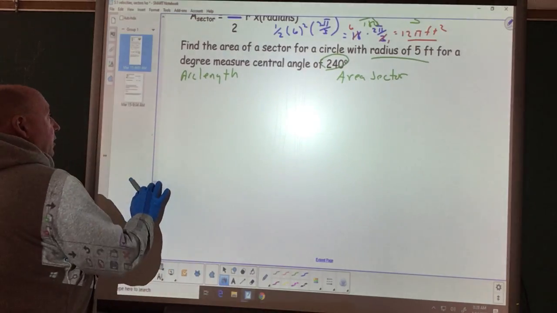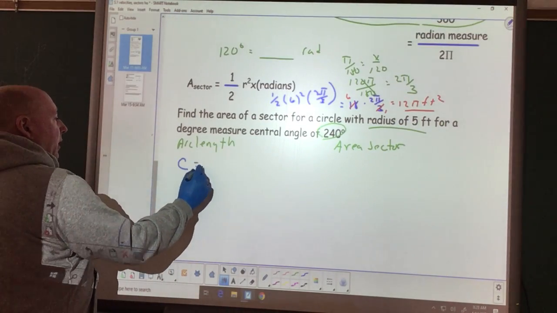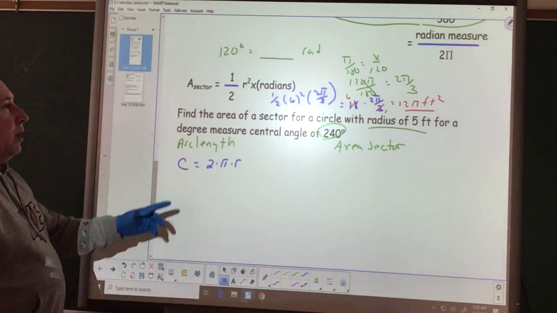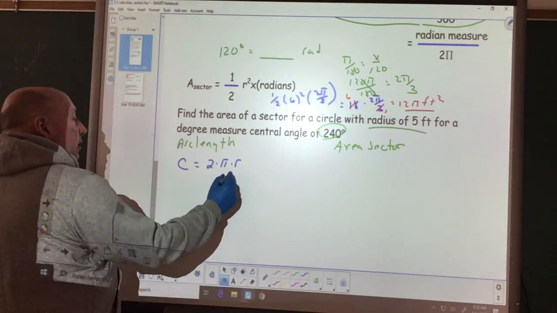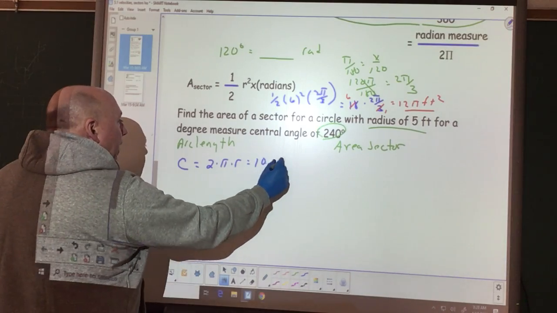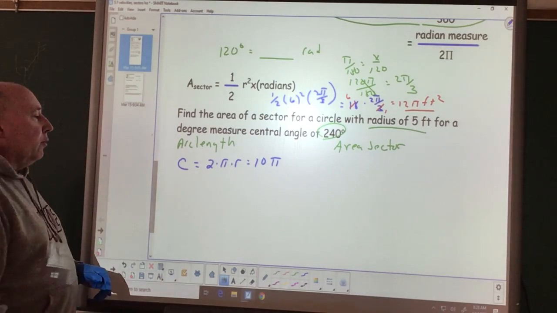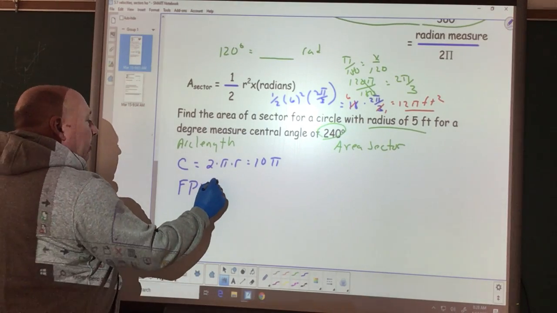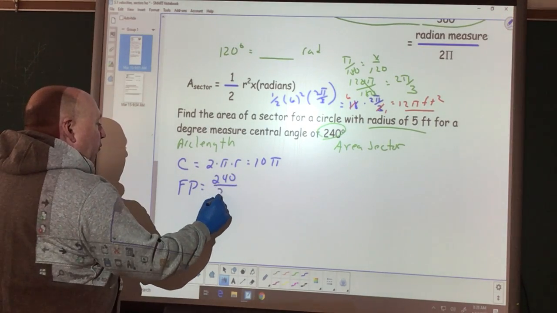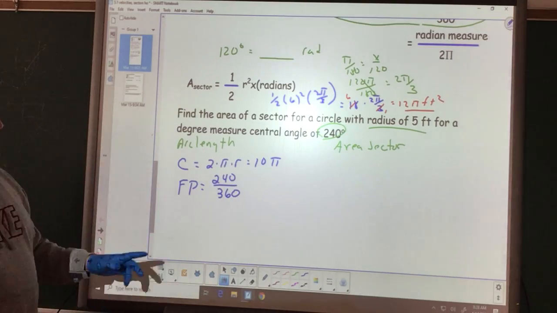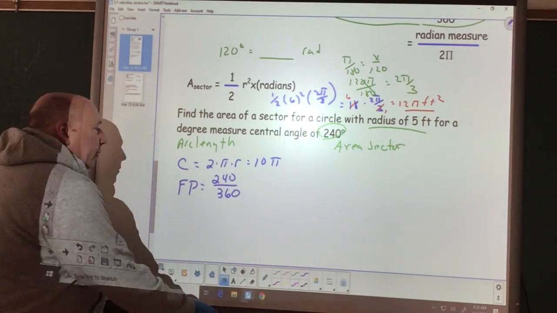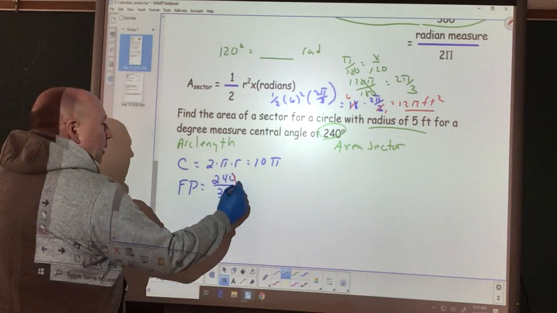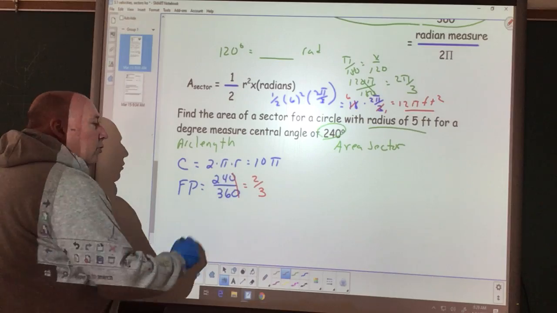The circumference of the circle is equal to 2 times pi times the radius. Radius is 5 feet, so the circumference is 10 pi. Now my fractional part is equal to 240 over 360. I could take a 0 off both of these, take 12 out of top and bottom, so my fractional part is 2/3.